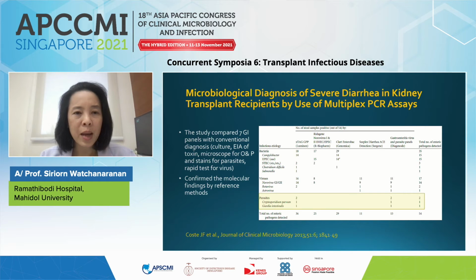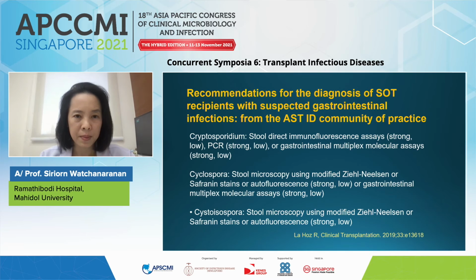This is an example of the application of diagnosis for severe diarrhea in kidney transplant recipients. When they used molecular techniques to identify the organism, they picked up more organisms, including Giardia and Cryptosporidium, from the PCR testing. Next slide. This is a recommendation.